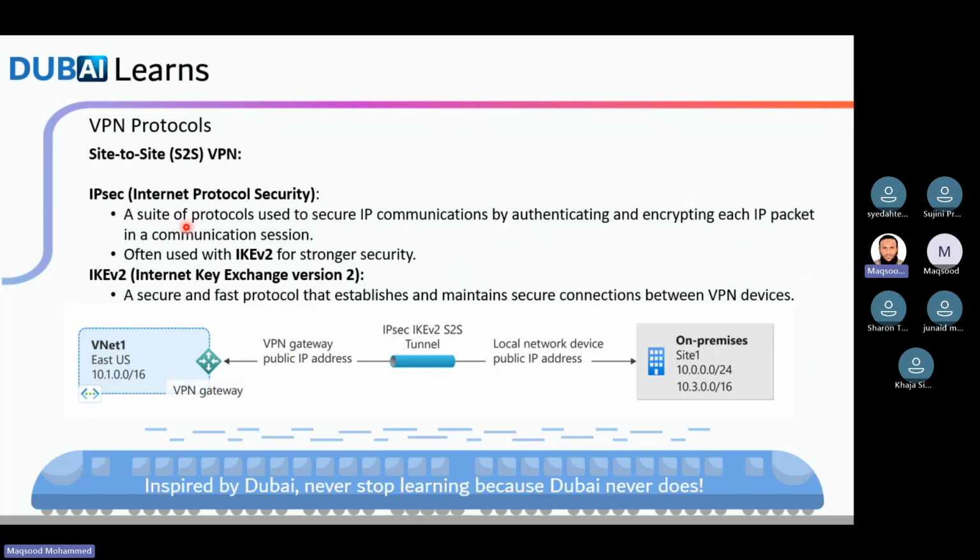Internet Protocol Security is a suite of protocols used to secure IP communication by authenticating and encrypting each IP packet in a communication session, often used with IKEv2 for stronger security. IKEv2, Internet Key Exchange version 2, is a secure and fast protocol that establishes and maintains a secure connection between VPN devices.